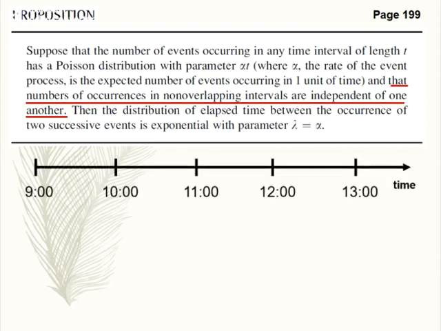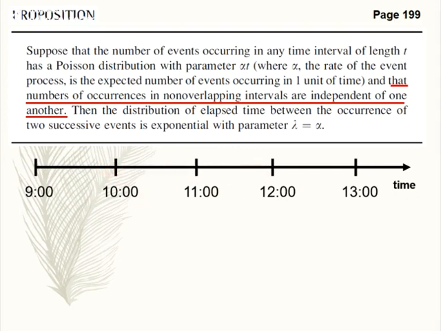It opens at 9, and these are different time periods throughout the day. So you have customers arriving in different time periods. The first word here is non-overlapping. I've divided it such that these times don't overlap, so 9 to 10 does not overlap with 10 to 11, etc.